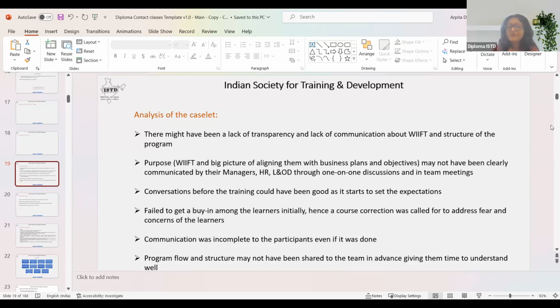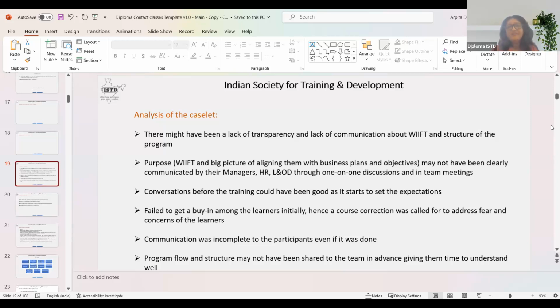Purpose. What is in it for me, and the big picture of aligning them with the business plans and objectives. How it's going to impact the business. Okay, it may not have been clearly communicated by their managers. It can also happen that you have told them to please communicate this to their team, but managers are already loaded with a lot of work.